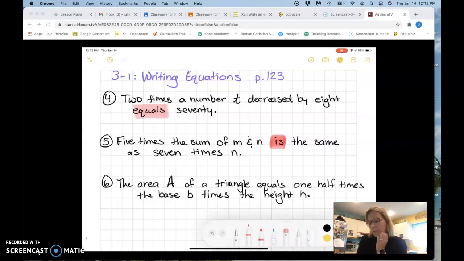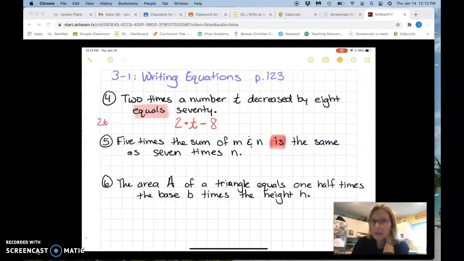So let's start with the beginning. 2 times a number t, so 2 times t, you could write it with the dot or just write them next to each other like that, either one. Decreased by 8, so remember, decreased means minus, decreased by 8, equals 70, okay?